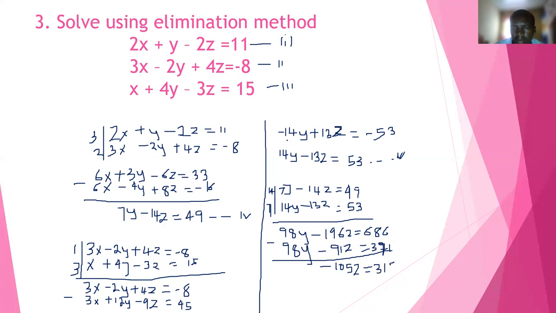Very good. So here, divide both sides by negative 105. So z is equals to 315 divided by negative 105. Z is negative 3.